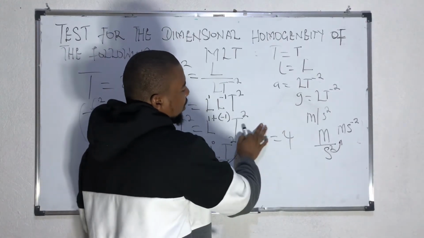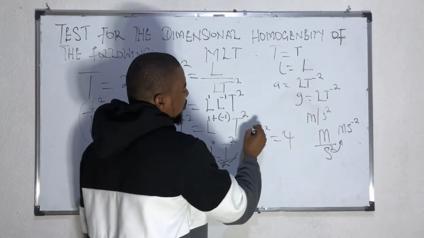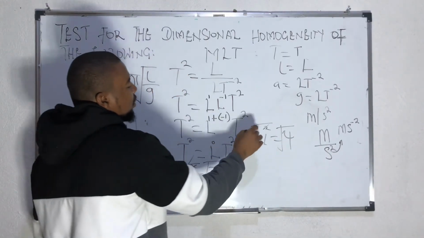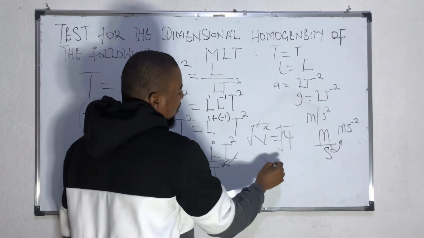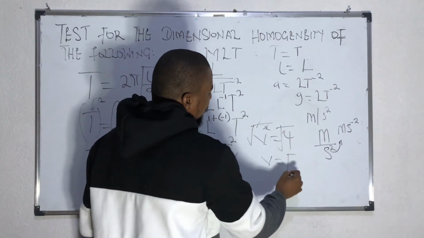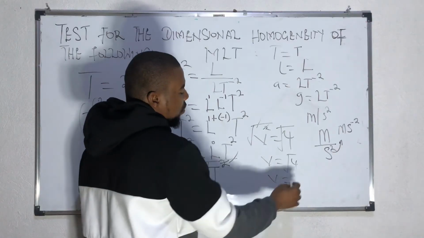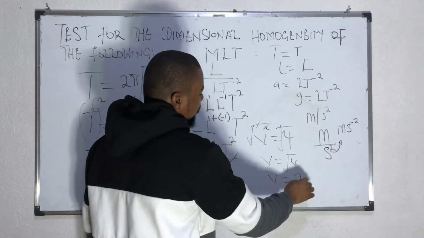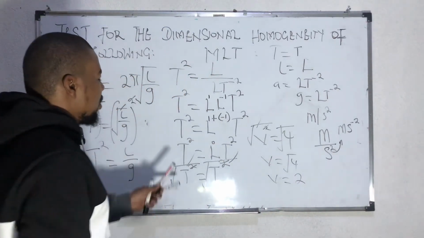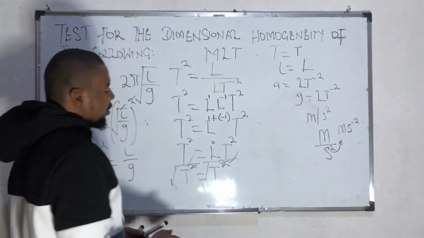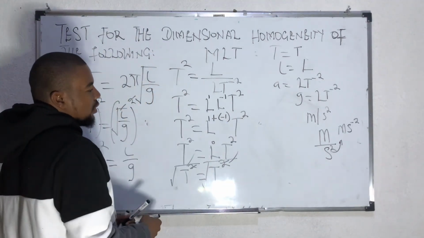If they say v squared equals 4, you can square both sides. The square on the left can cancel out with this, and we have that v is equal to the square root of 4, which will give us 2. So that's exactly what I'm doing right here. By squaring both sides, we simply cancel the squares.